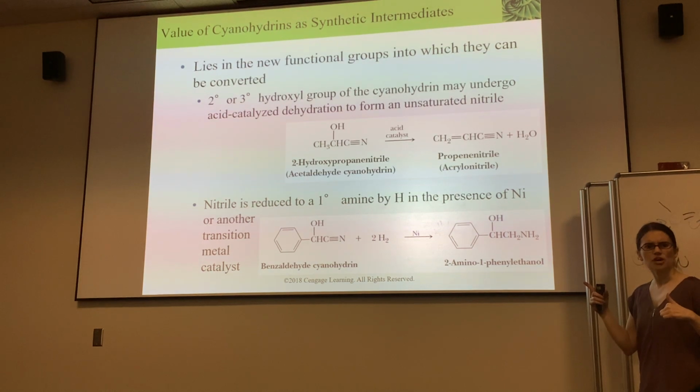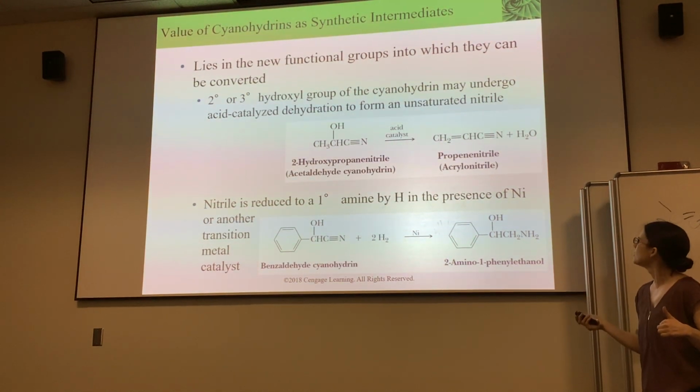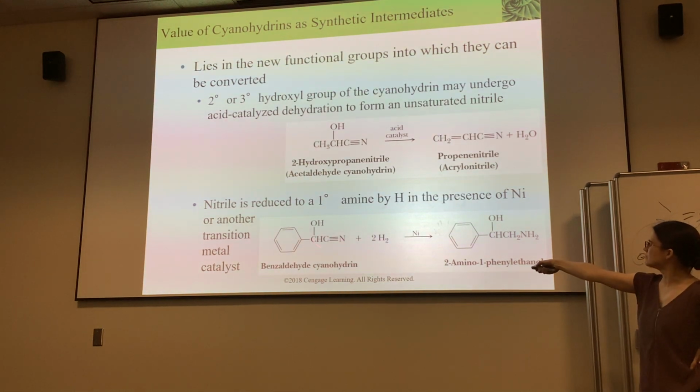I always think of platinum, and so I couldn't remember if nickel would do it, but you can use nickel and H2 gas to hydrogenate that, like a hydrogenated oil, except not, and you can make that into a nice little primary amine.